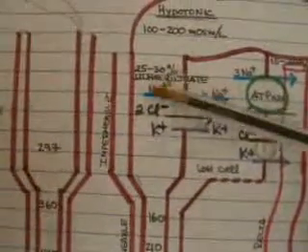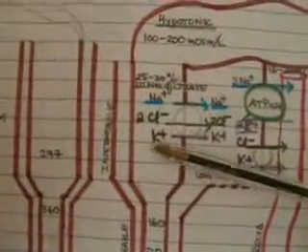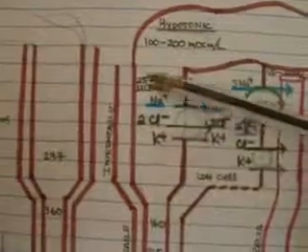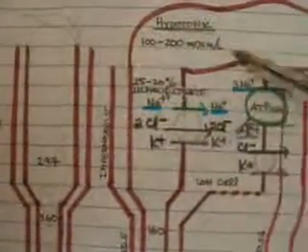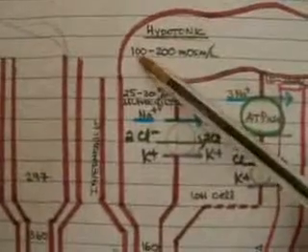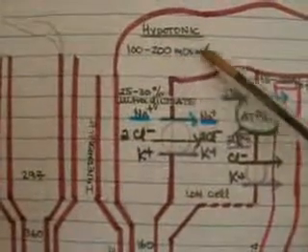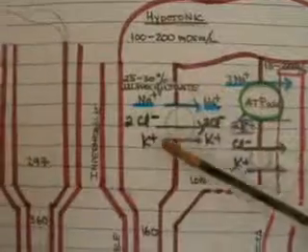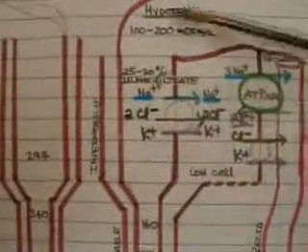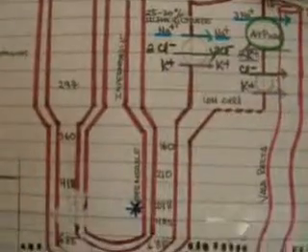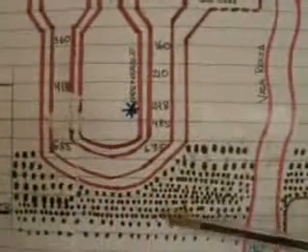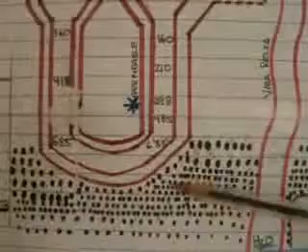the ascending limb, in fact the fluid that's leaving the ascending limb of the loop of Henle, is considered hypotonic, in which it's roughly around 100 to 200 milliosmoles per liter. So the fluid that's leaving the loop of Henle is considered hypotonic, and the important aspect is that the medulla portion is hypertonic.